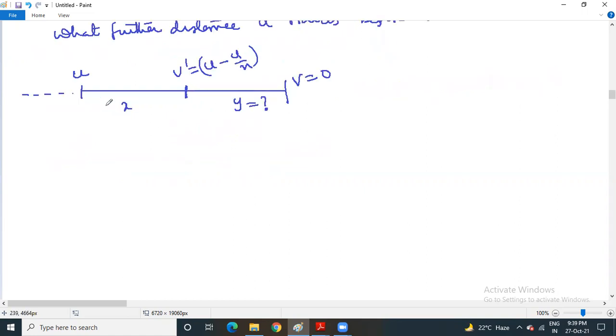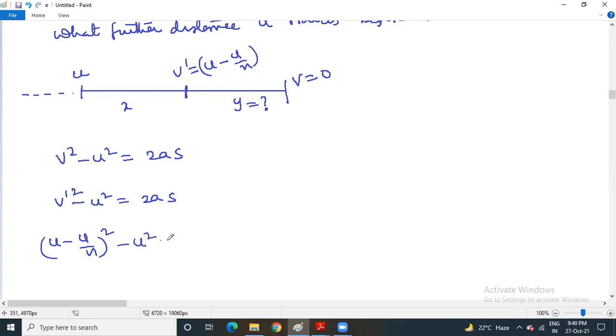Now let us apply the equation of motion, v square minus u square is equal to 2as, for the first part of the question. The final velocity is v dash, so v dash square minus u square is equal to 2as. What is v dash here? It is u minus u by n, whole square, minus u square is equal to 2ax.